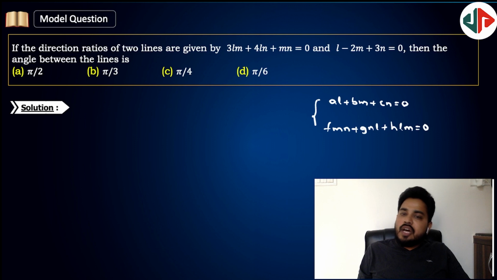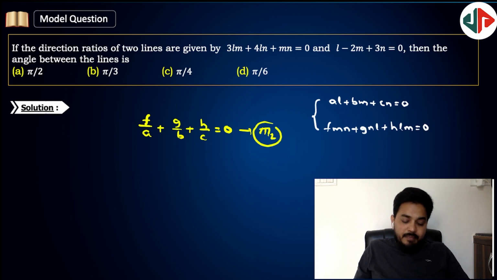These two lines are going to be perpendicular if F by A plus G by B plus H by C is equal to 0, then they are perpendicular.